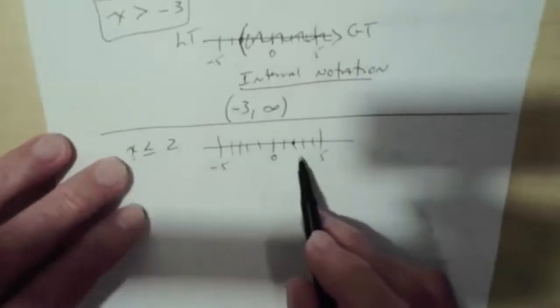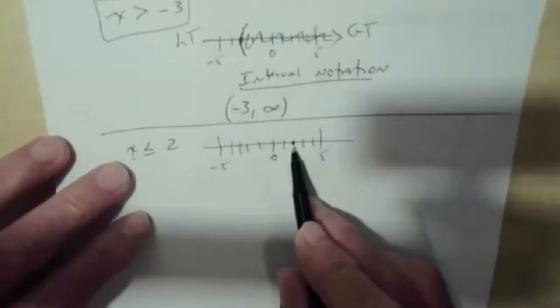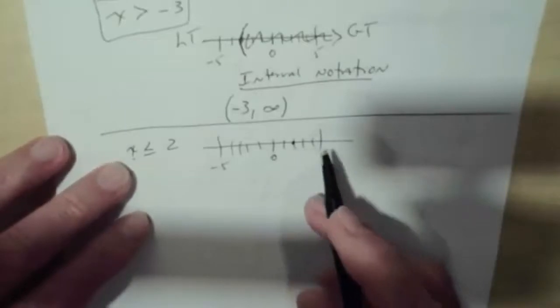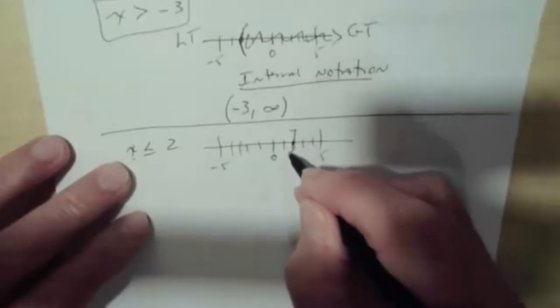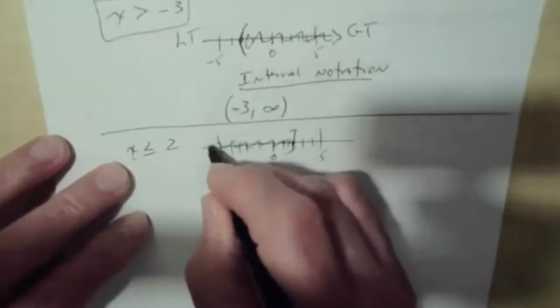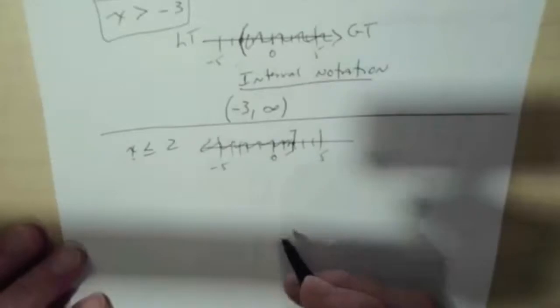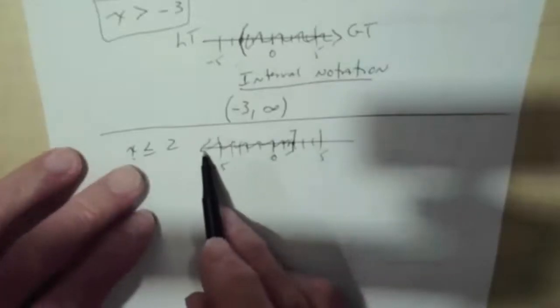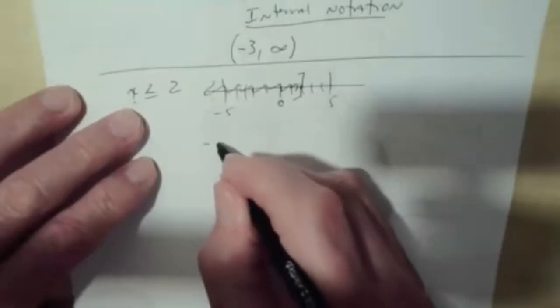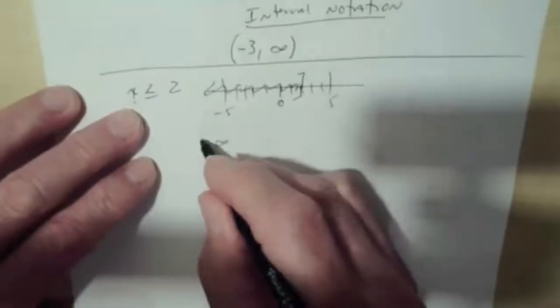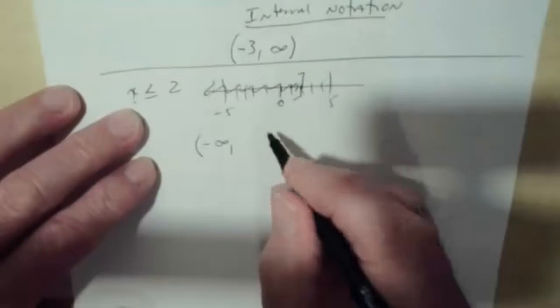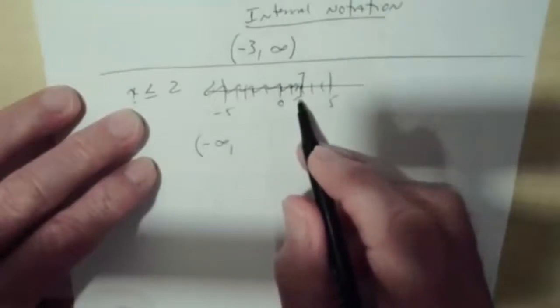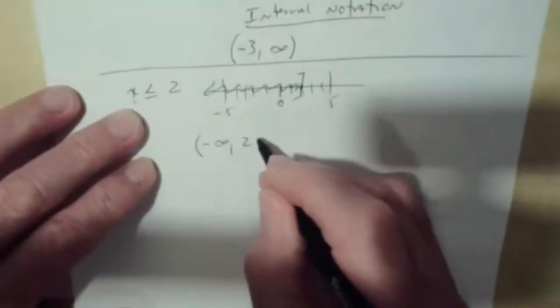So are we going to use a parenthesis or a bracket? A bracket. Opening which way? That way, because it's less than. So what's on the low side? What's the least number this could be? Negative infinity with a parenthesis. And what's on the high side? What's the most this number could be? 2 with a bracket, because it includes the number 2.